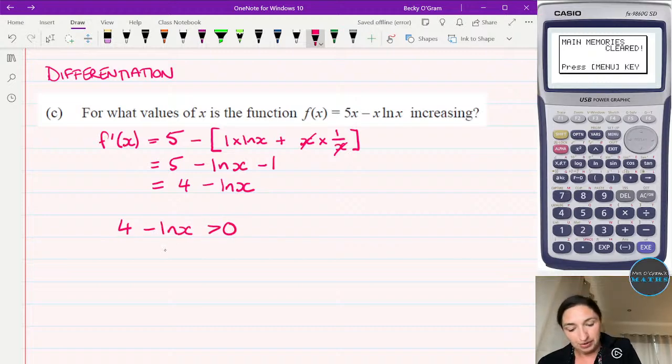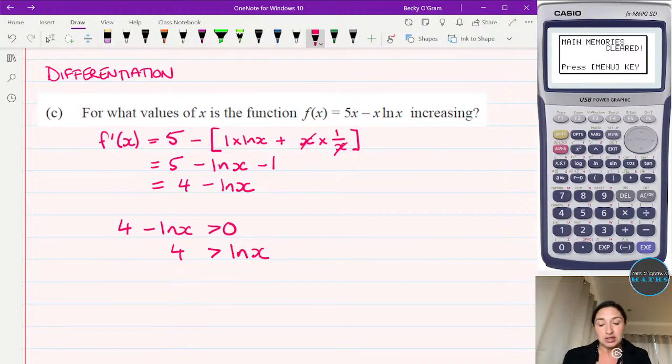So this will happen when, and I'm going to be super careful about my inequality here and really clear on what I'm doing. If I want to turn that minus log x into a positive, I've got to take it over to the right hand side, which means that I'm going to reverse the entire thing so that I can carry on working with it on the left, which means the inequality changes over as well.